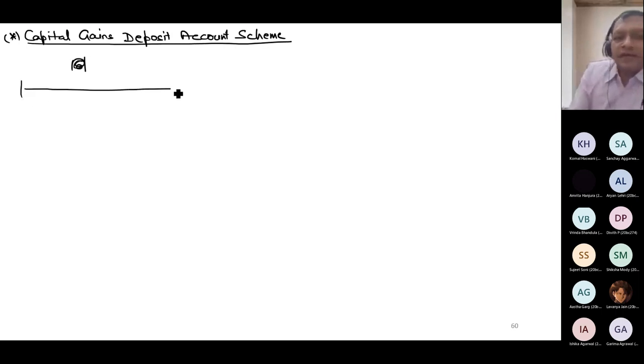Suppose let me make it as a calendar. It is previous year 2021, and the chain goes on: 21, 22. These all are previous years.